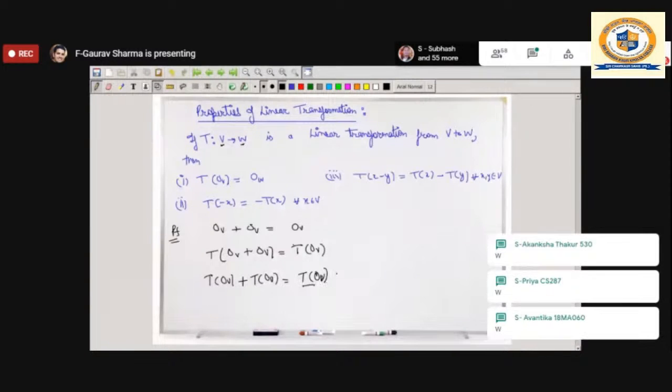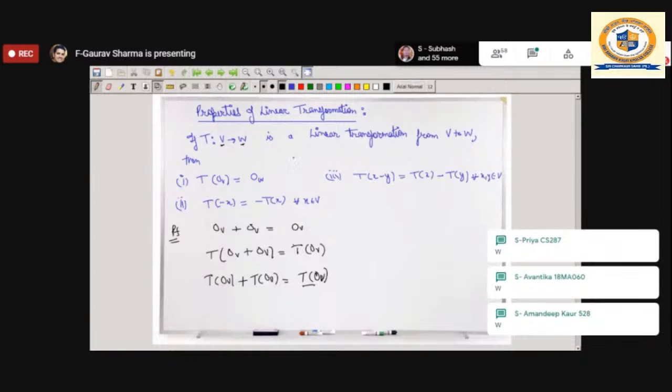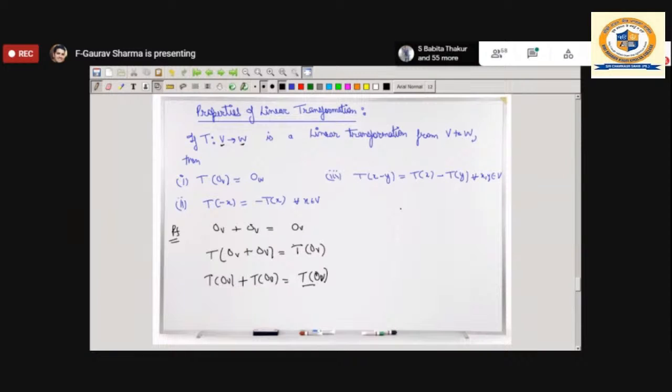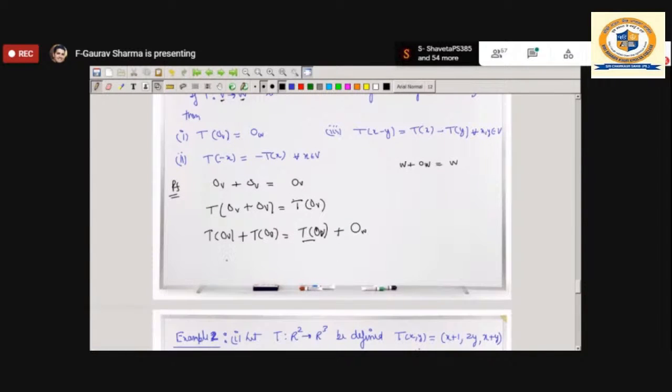Now W is a vector space and this is an element of W. I can write any vector of W as W plus the zero vector of W, equals W. So I write this as T of 0V plus 0W. Now we can apply left cancellation in a vector space.